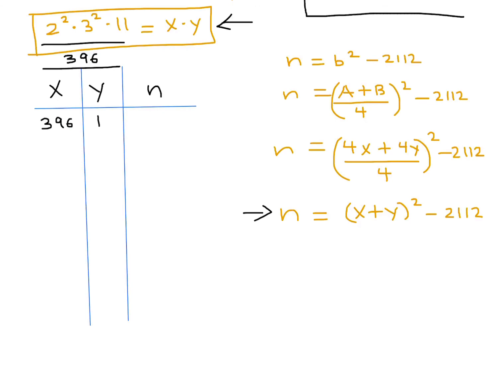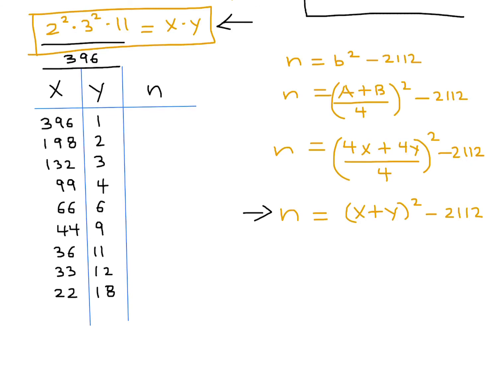Well, we can have 396 for x and 1 for y. We have 198 and 2. We can have 132 and 3. 99 and 4. We can have 66 and 6. 44 and 9. 36 and 11. 33 and 12. And 22 and 18. These are possibilities where x and y are integers.